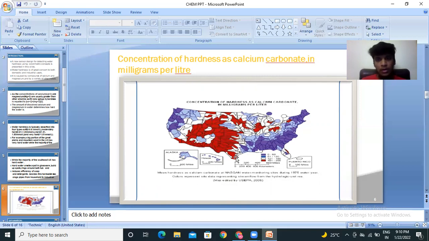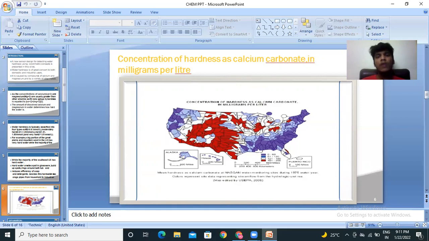I will repeat it again. The concentration of hardness of water is lesser in this dark blue color area, you can see over here. It is just 0 to 60 only. A little bit increase in this light blue colored area, that is 61 to 120.